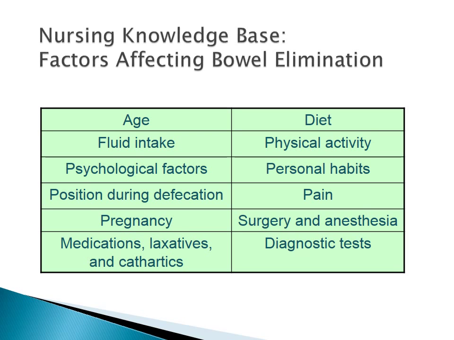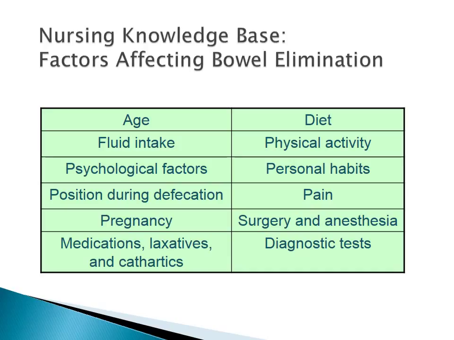This is just another slide showing you factors that can affect bowel elimination. We know that with age, everything slows down, especially in the older adult. That's why many of you have perhaps experienced that your older adult patient is very fixated on bowels. They know it's very important to go, so they keep a very close eye on making sure they are having bowel movements regularly.